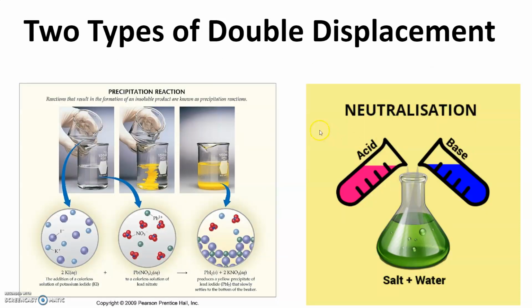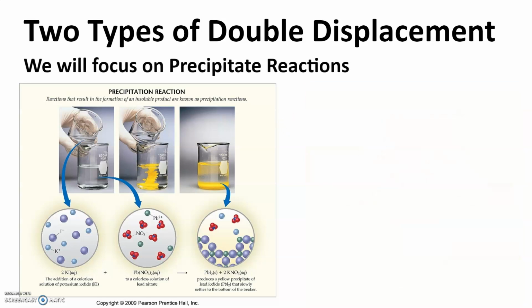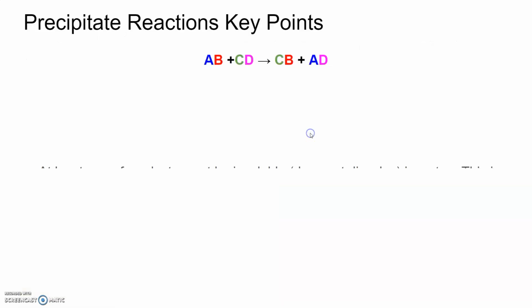Now, there are 2 types of double displacement reactions that we typically learn in general chemistry. Neutralization is the acid-base reaction, but we're not going to focus on that here. We're focusing on precipitate reactions.